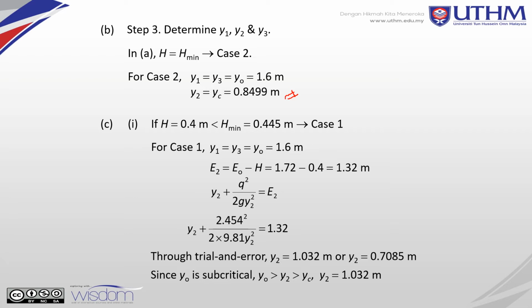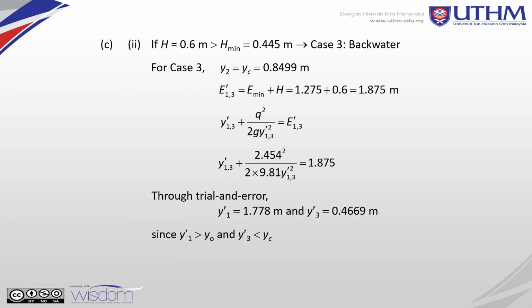So for case 1, you look at this one and use the equation of this one and equation of this. So you get the Y2 here. Okay, through trial and error, Y2 is 1.032 meter and Y2 is 0.7085 meter. So you get this is subcritical using this equation.